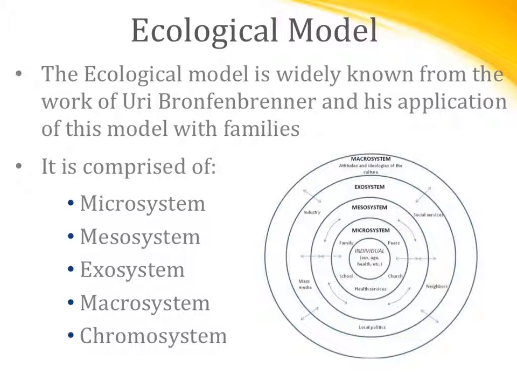The microsystem's focus is on the child and family and interpersonal interactions, the level within which a child experiences immediate interactions with other people. At the beginning, the microsystem is the home, involving interactions with only one or two people in the family.